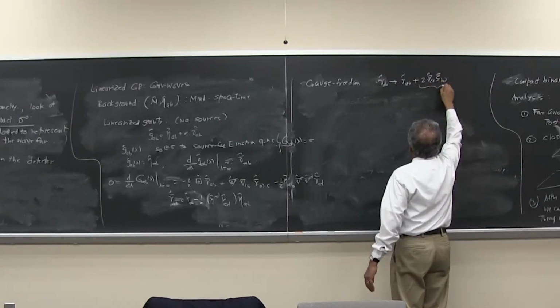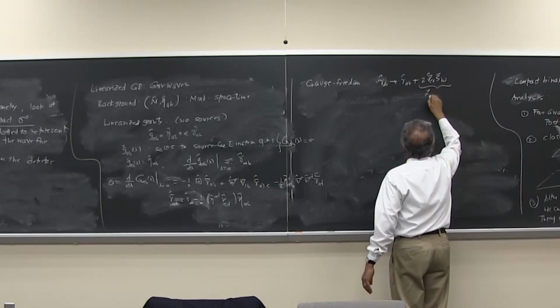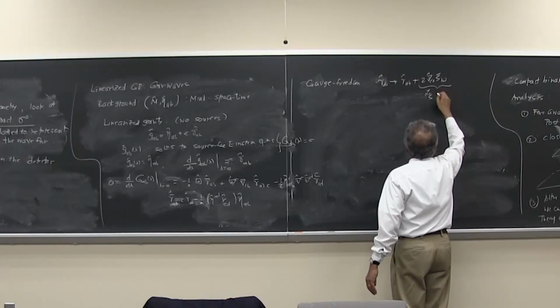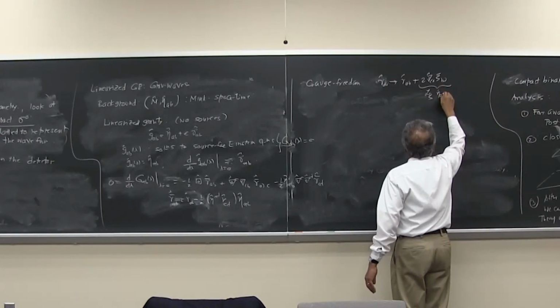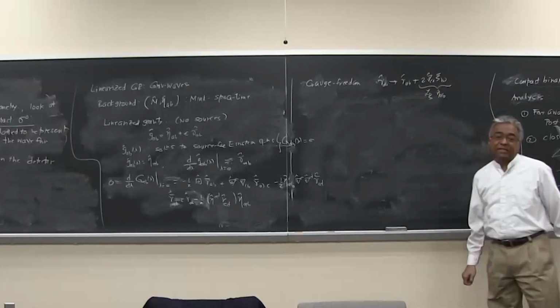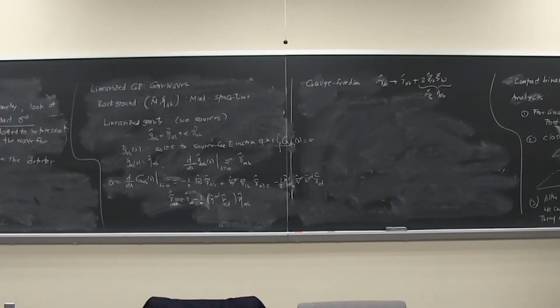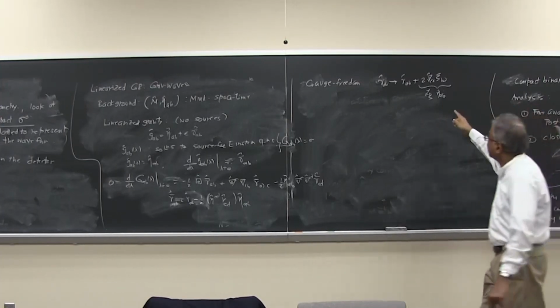Or if you like, this is the same as the Lie derivative of the metric eta hat AB. This just expresses the fact that diffeomorphisms are gauge transformations. I think most of you have seen this in your general relativity courses.